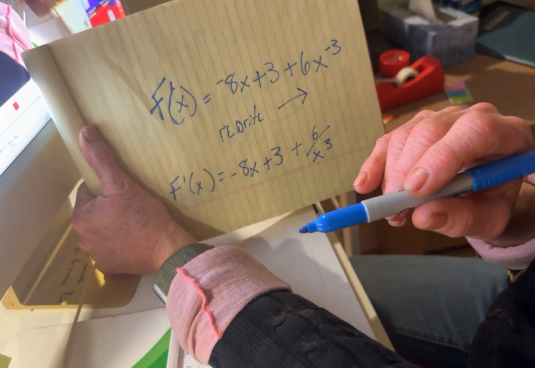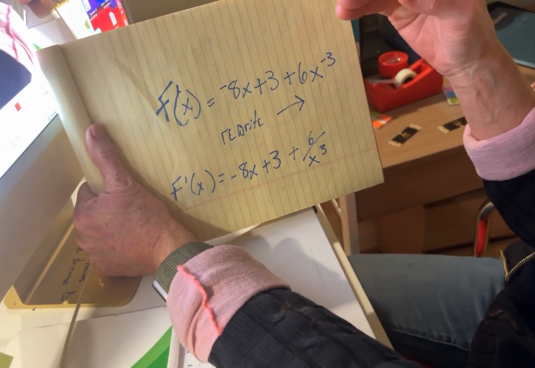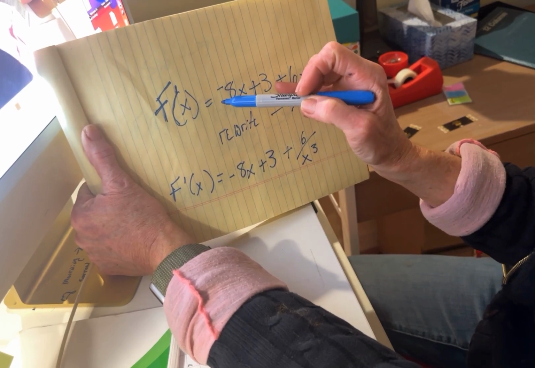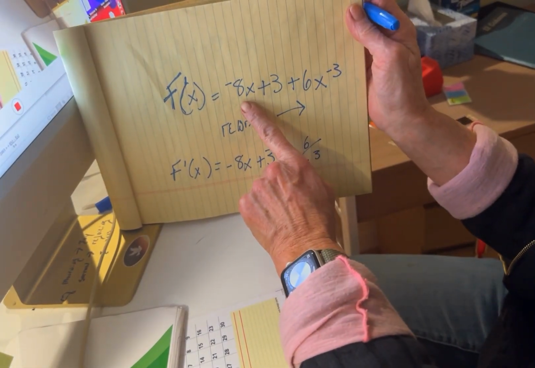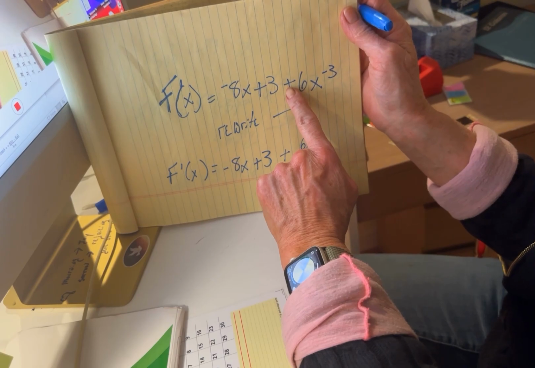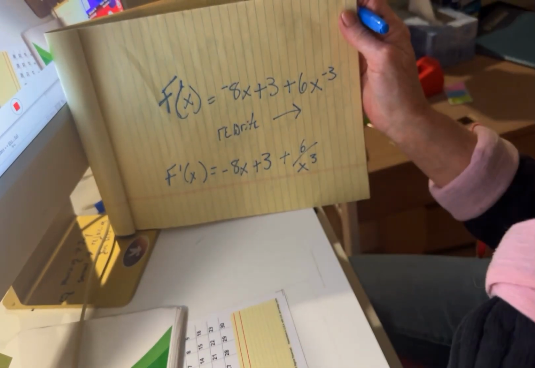So we found this derivative using the power rule. So f prime of x equals negative 8x plus 3 plus 6x to the negative third power.